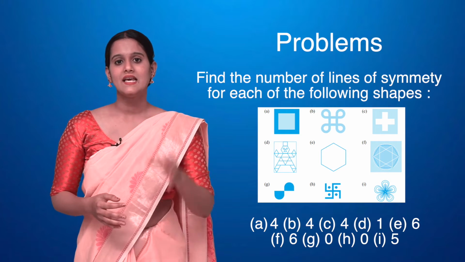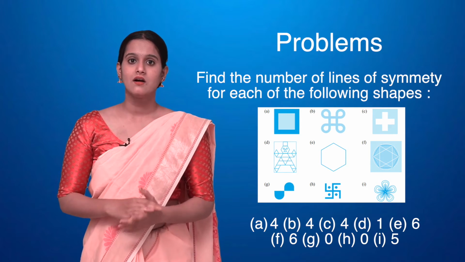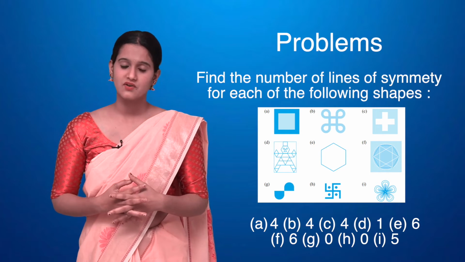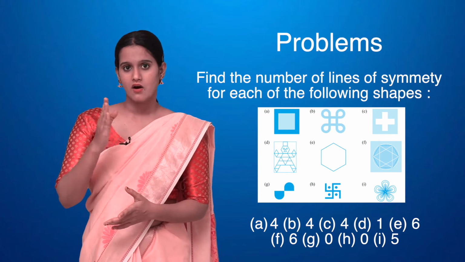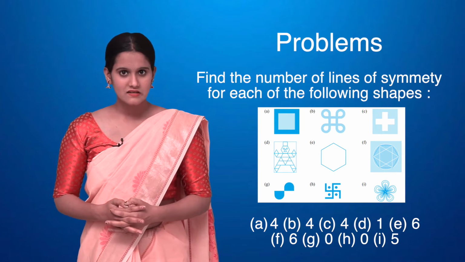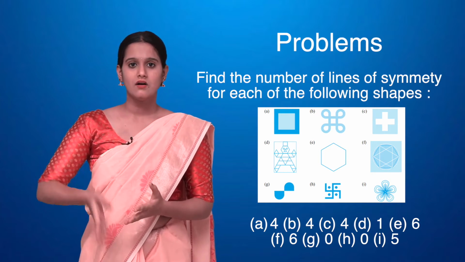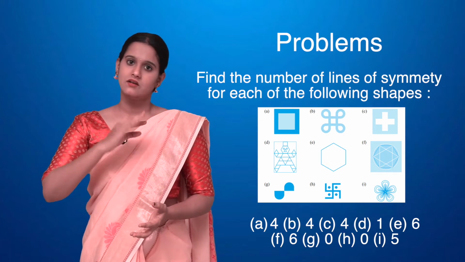Similarly, if I consider the second figure as well, here I can draw 4 lines of symmetry again: the vertical one, horizontal one and 2 diagonal ones. If I see the third figure as well, even here there is a vertical line, a horizontal and 2 diagonal lines.